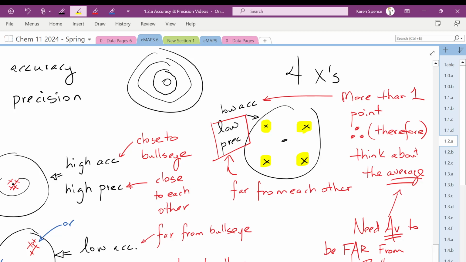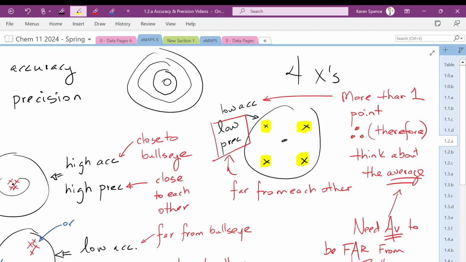Where is the average of these 4 points? Right in the center. Because if we average the left to right distance, the average of the left to right distance is here. If we average the up and down distance, the average of the up and down distance is here. And so the average would be right in the center.